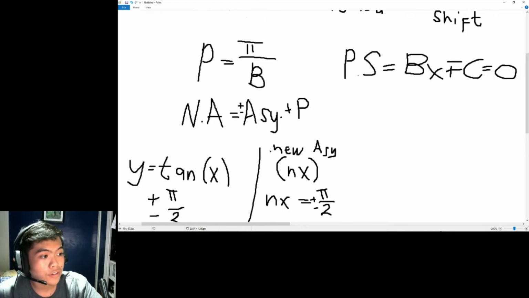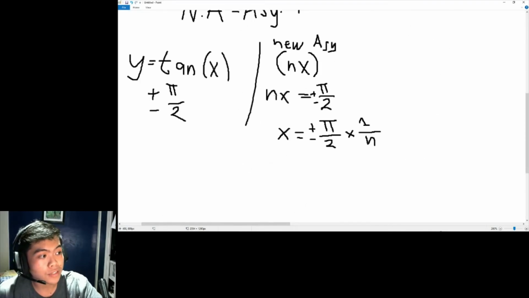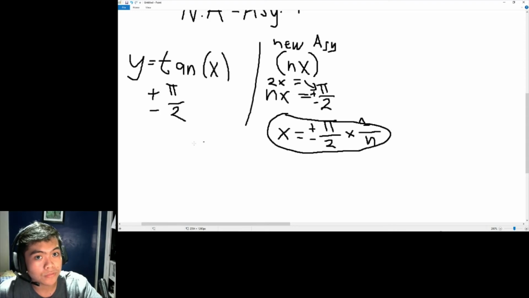For example, if it is 2x, 2x is equal to this. Now, you will solve for x. So you will divide both sides by 2, or multiply by the reciprocal, 1 over 2 times positive negative pi over 2, and you'll find the new vertical asymptote.